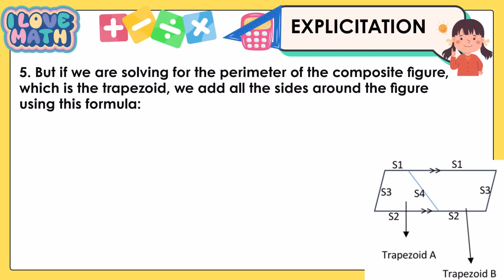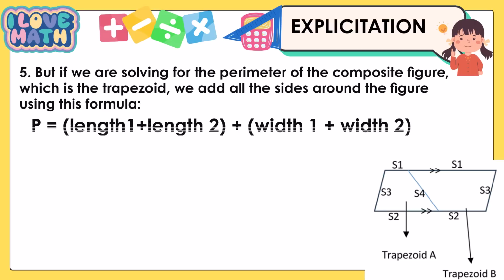Number 5, but if we are solving for the perimeter of the composite figure, which is the trapezoid, we add all the sides around the figure using this formula. P equals length 1 plus length 2 plus width 1 plus width 2.